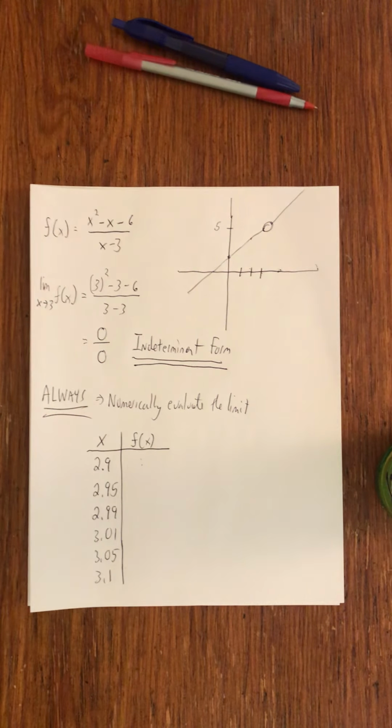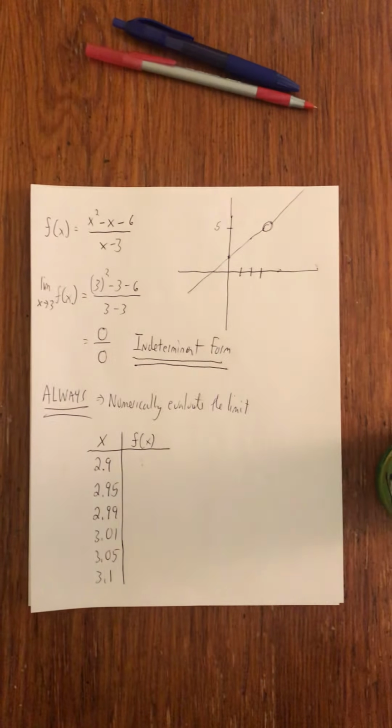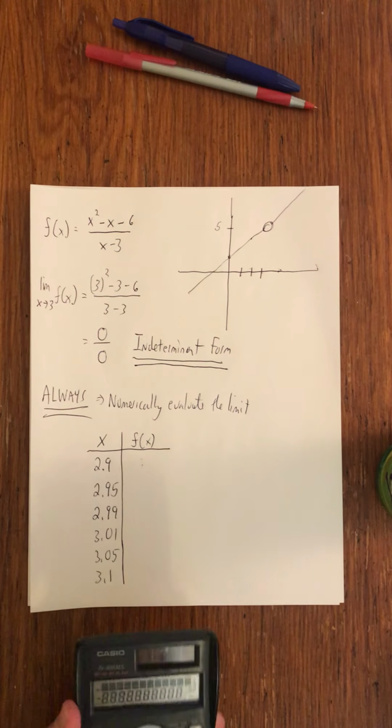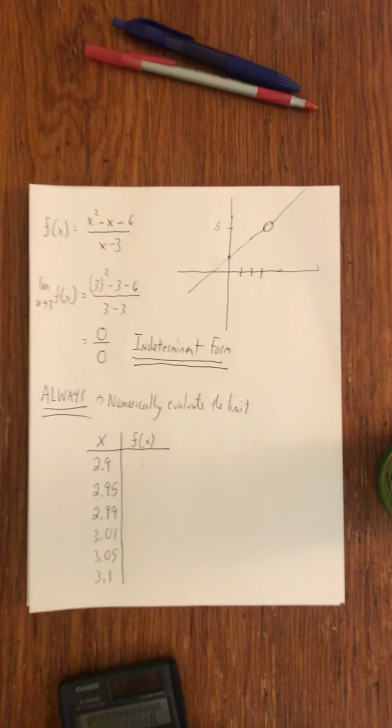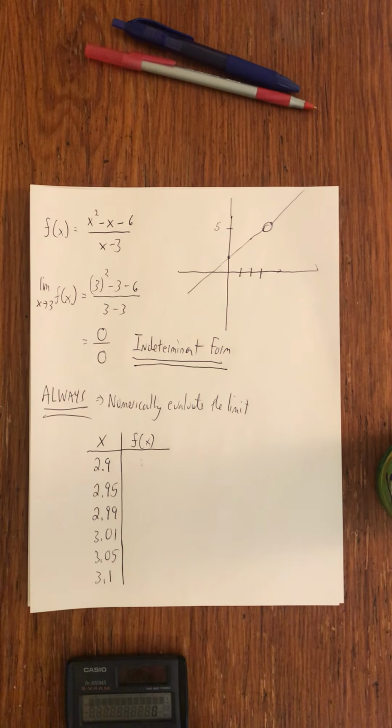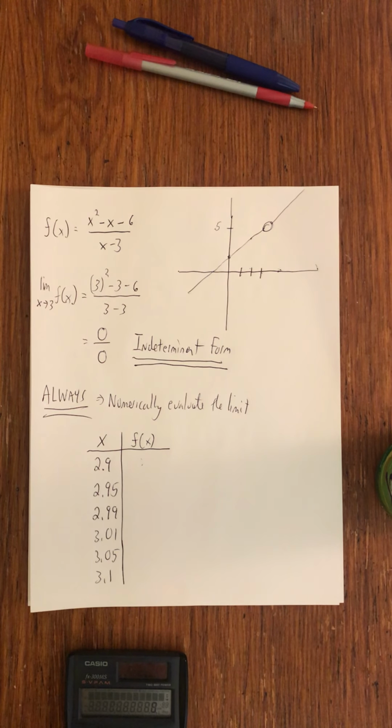Great. I probably should have calculated these values ahead of time so when you turn the video back on, you had them, but there it is. So if you just want to fast forward through this while I'm just plugging in numbers, feel free. I won't be offended.